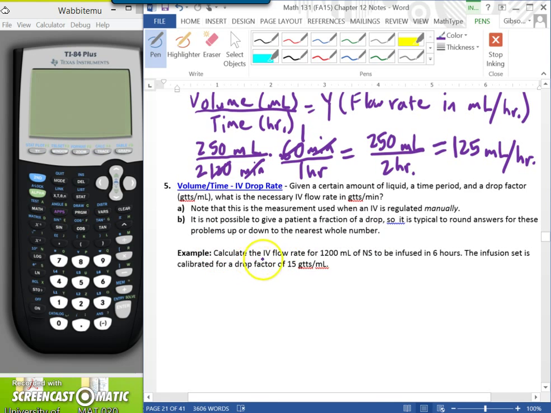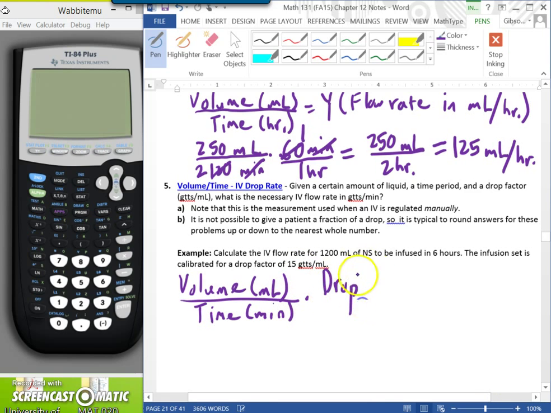So now we have our example. Calculate the IV flow rate for 1200 milliliters of NS to be infused in 6 hours. The infusion set is calibrated for a drop factor of 15 GTTS per milliliter. So we will have this basic setup. We will have the volume, which is in milliliters, divided by the time. And this time the time is in minutes, multiplied by the drop factor, I'm going to put it in parentheses under here.